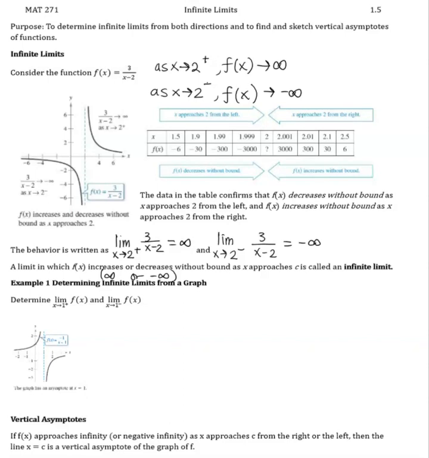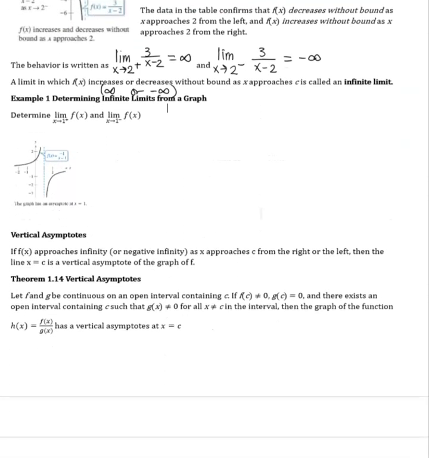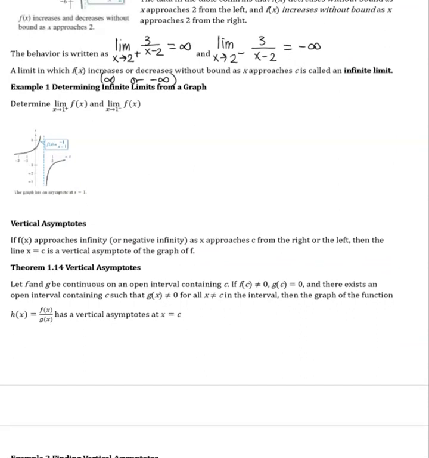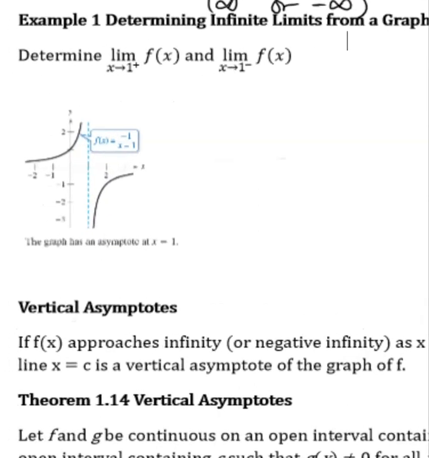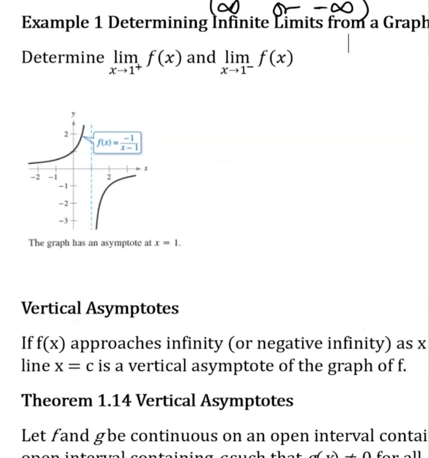So example 1, we have a function given to us, and we want to determine the limit as we approach the vertical asymptote of that function from the right and from the left. So here's our graph. Let's start with the limit as x approaches 1 from the right. So that means we need to get on the graph on the right side of the graph.